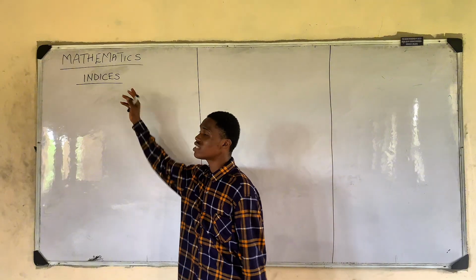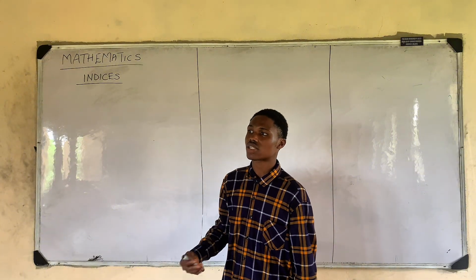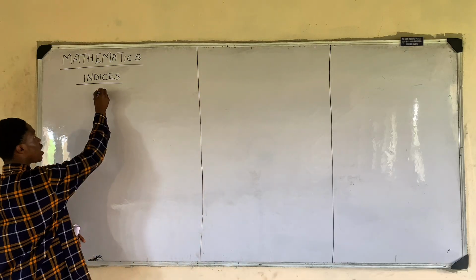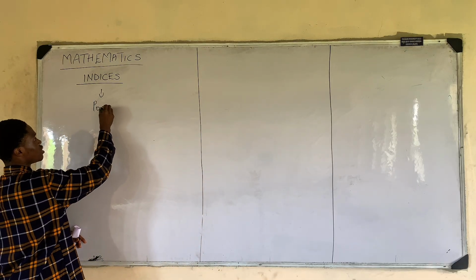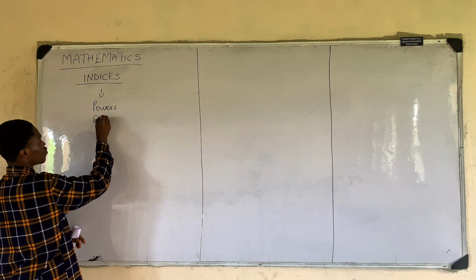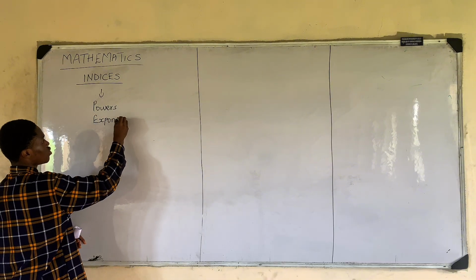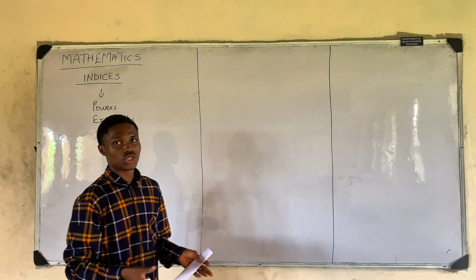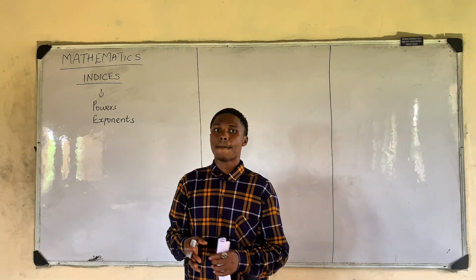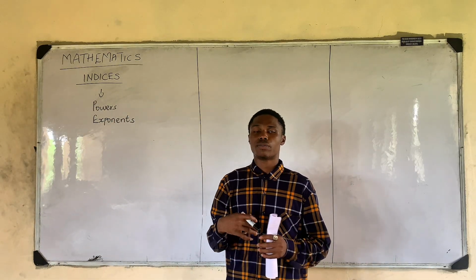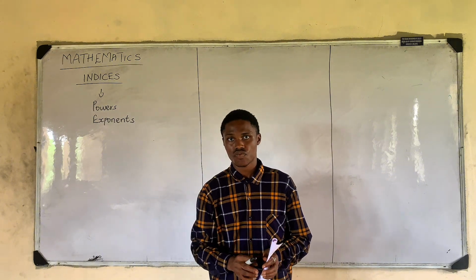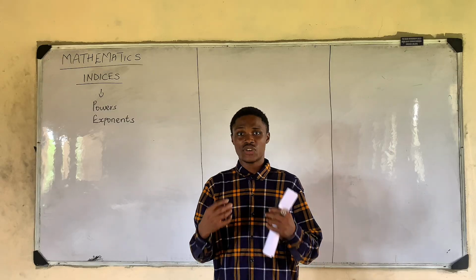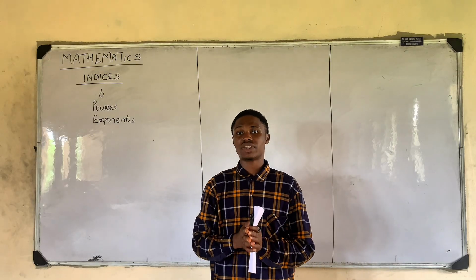Now, indices can also be called what? Powers or exponents. We simply say that it is the shorthand representation of multiplication.